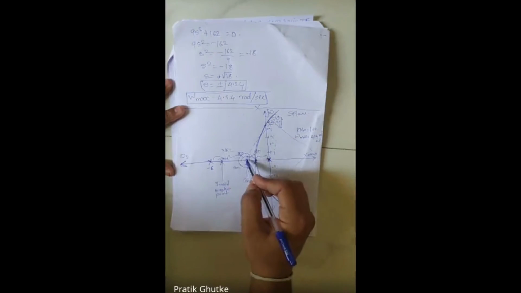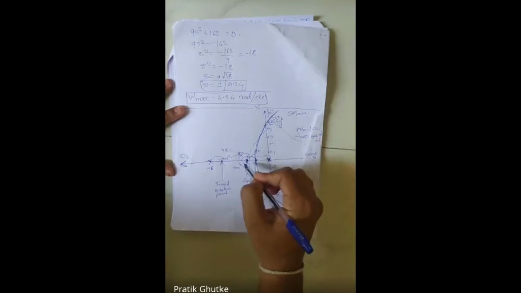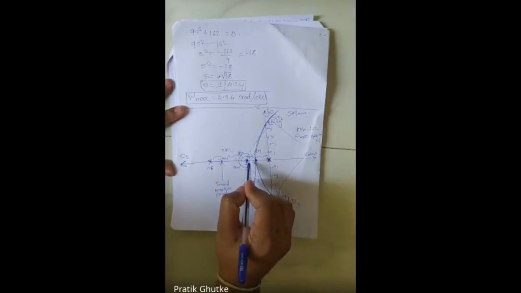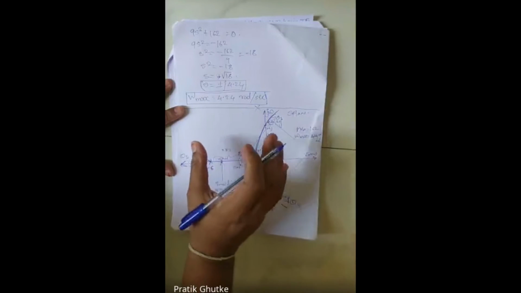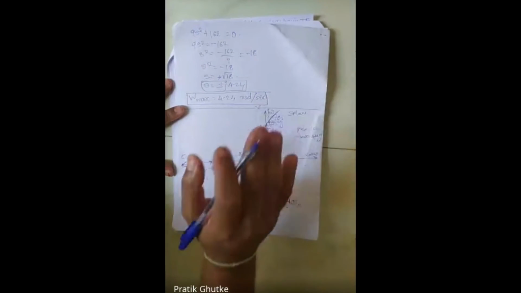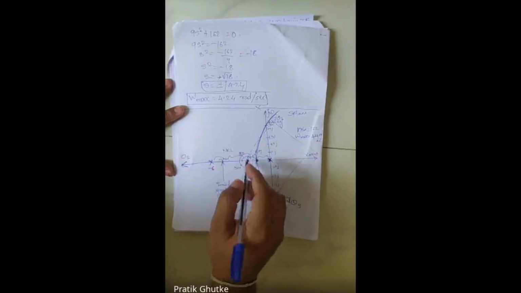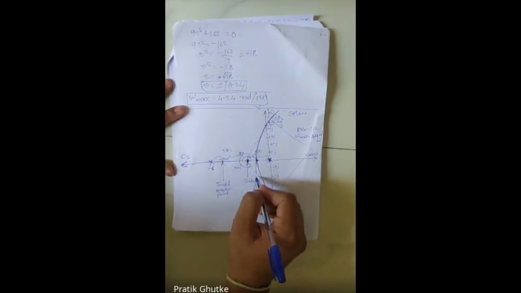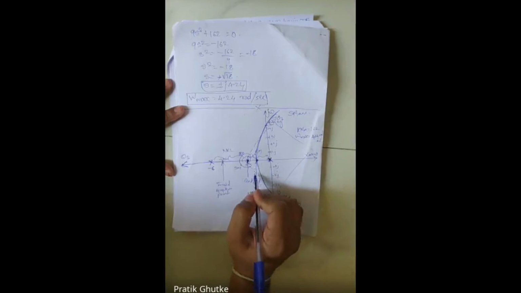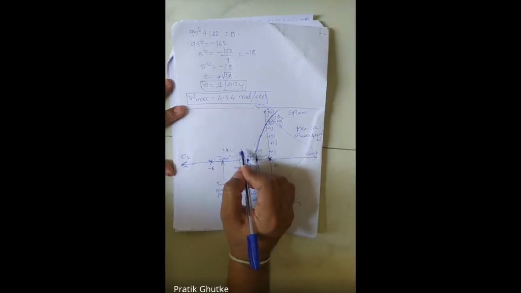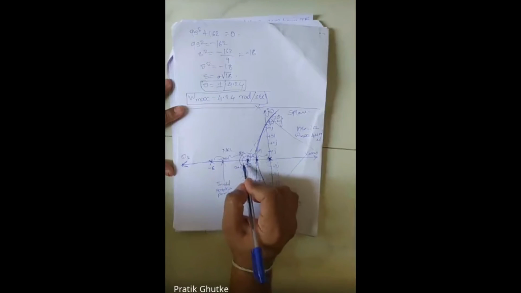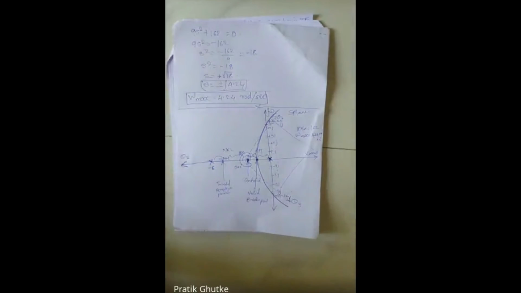My angles of asymptote were 60 degrees in this way, then 180 degrees on this axis. On the centroid, you keep the protractor and mark the degrees. On 300 degrees, it will come like this. Theta 1 is 60 degrees, theta 2 is 180 degrees, theta 3 is 300 degrees. Like this, you have to mark it there.